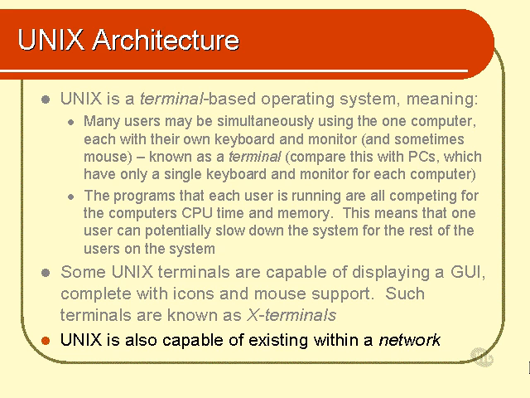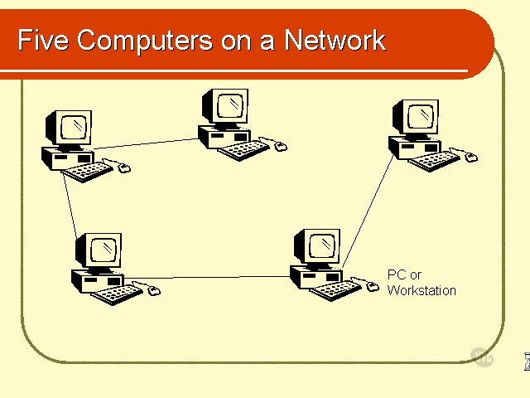Firstly, we'll have a look at a network. Let's say you're working in a corporation and that corporation has a network. Then what you'll find is, on everybody's desk you'll find a computer. One computer on every desk. Every computer will have its own keyboard, monitor and mouse, and those computers will all be connected together via network cables. And you may also find on the network a server. Now a server is just another computer.